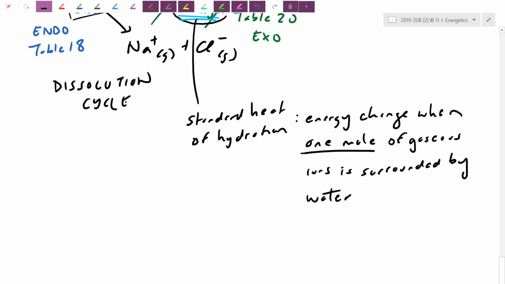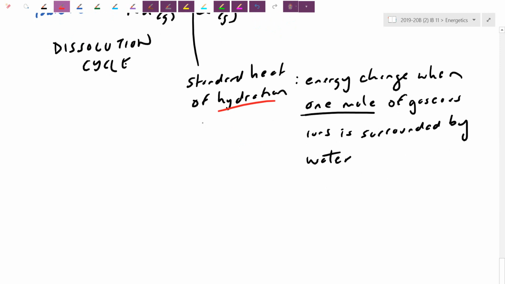If water is your solvent, we can use the terminology of hydration. The more generic language is you can call it standard heat of solvation, which is basically being surrounded by whatever the solvent is. We're going to always assume that it's water just for simplicity.